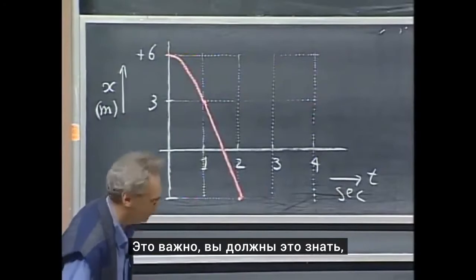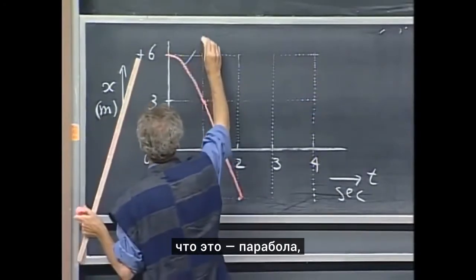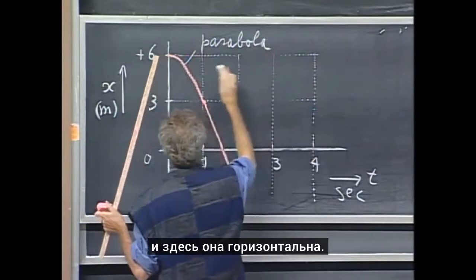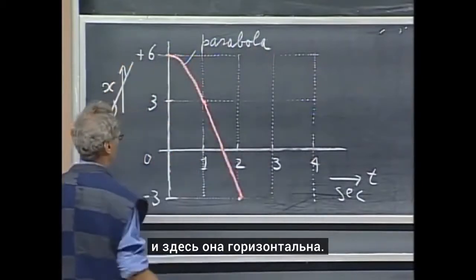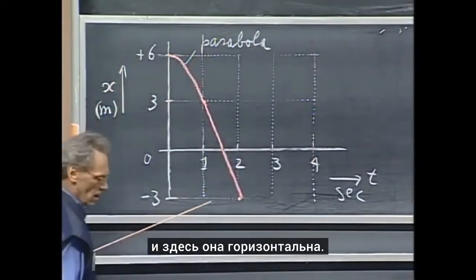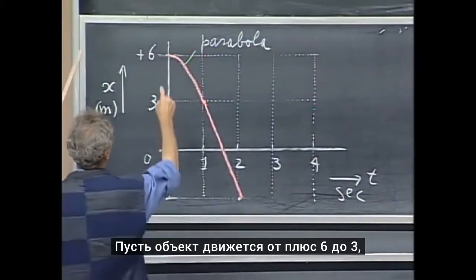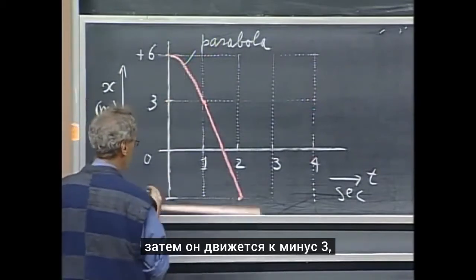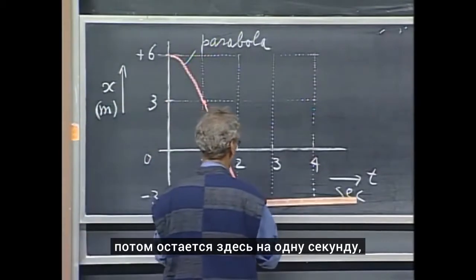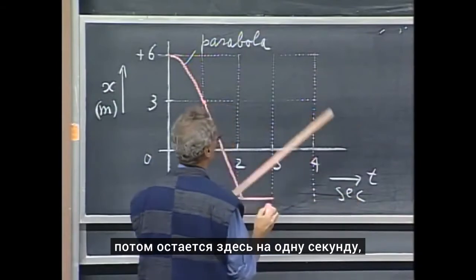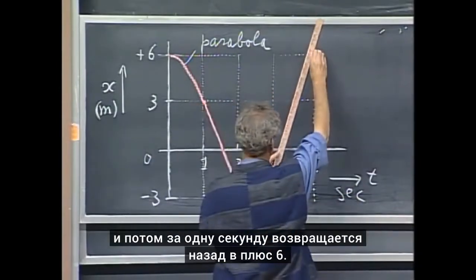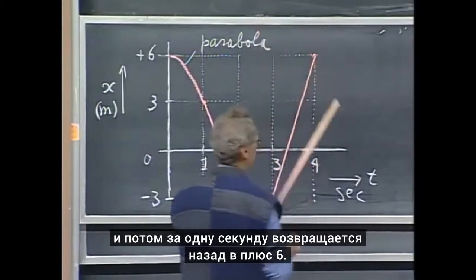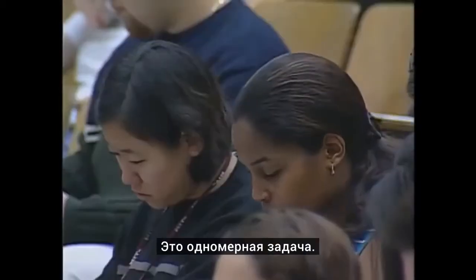That's important. You have to know that. So this is a parabola. And this here is horizontal. So the object goes from +6 to 3, then it goes to -3, then it stays there for 1 second, and then it goes back in 1 second to +6.